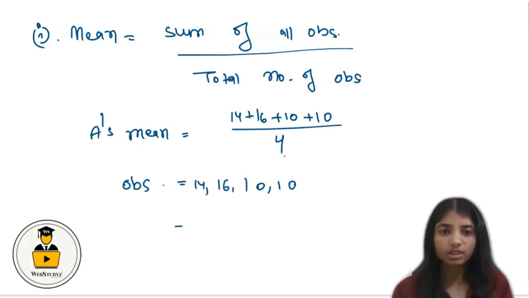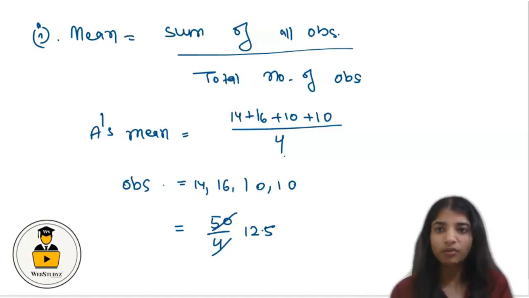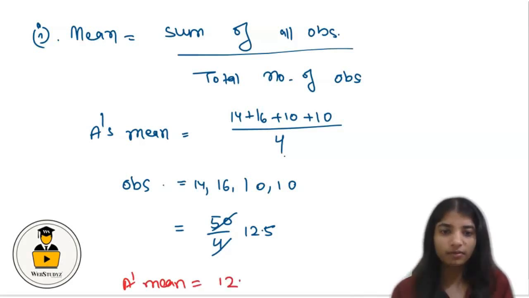We have 4 observations. The sum is 50. When we divide 50 by 4, we get 12.5. So A's mean is equal to 12.5. This is the answer to part 1 of this question.